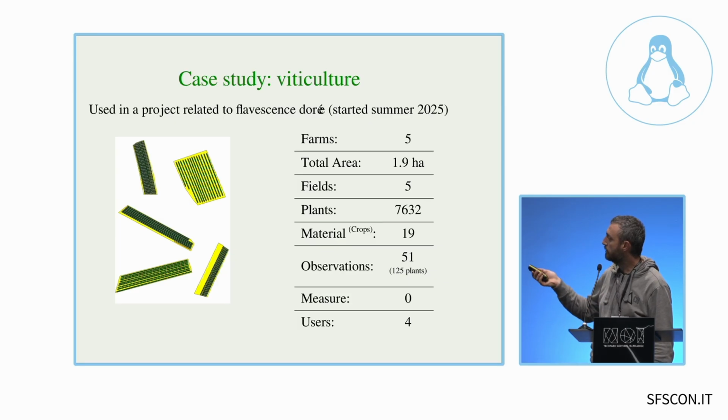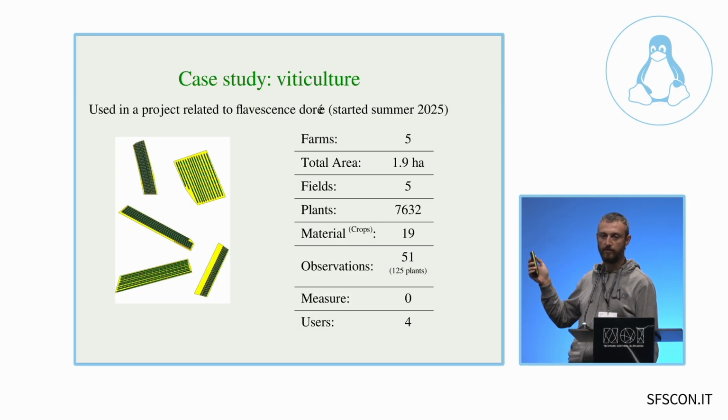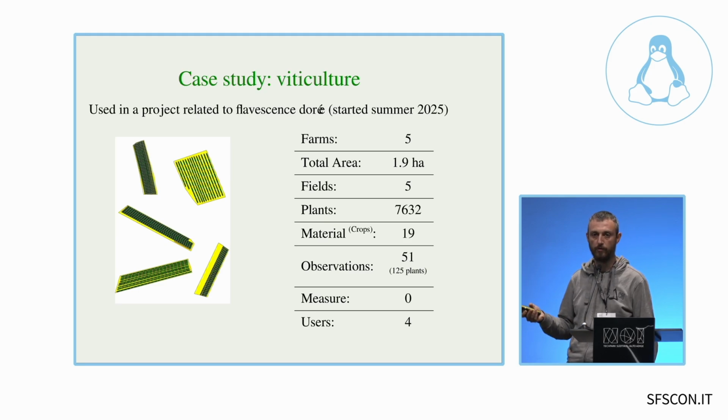And they use it mainly to observe flavescence dorée, which is a bad disease for viticulture, because if the number of vines affected by this disease is too high, you have to remove the whole field. So for the farmer, it's a big problem right now.